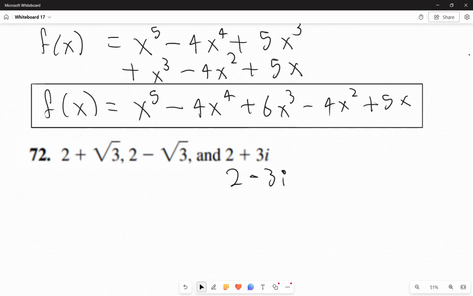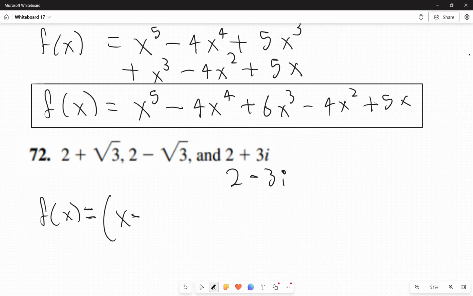So I'm ready to write a polynomial in factor form. They don't tell us anything. They don't give us any initial condition like in the first two examples. So it is safe to assume that the leading coefficient is 1. And so far we have that this is in factor form.